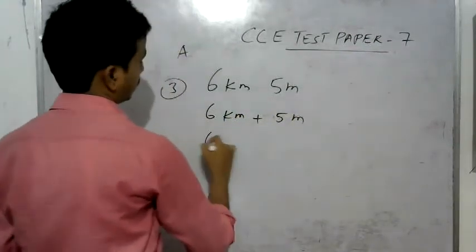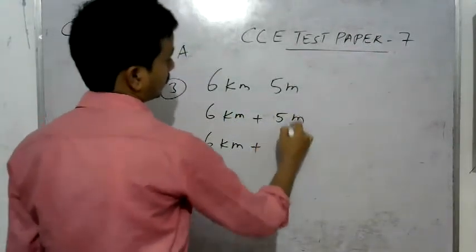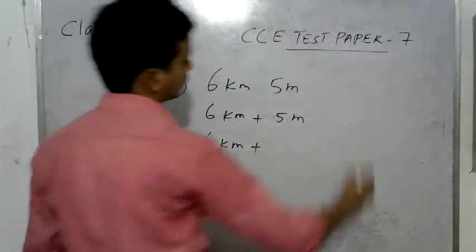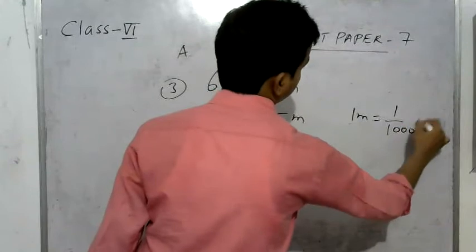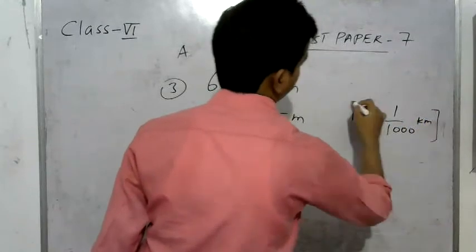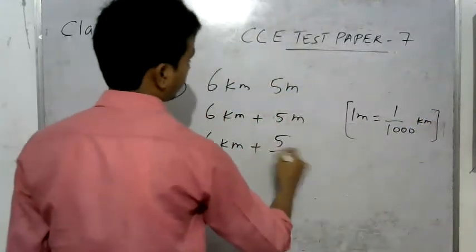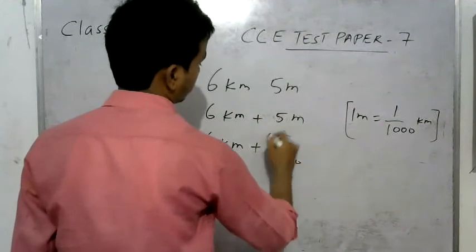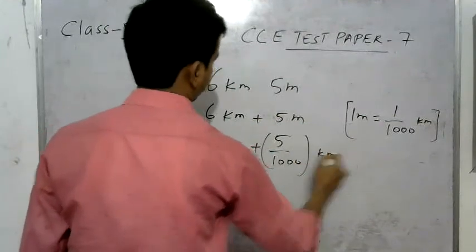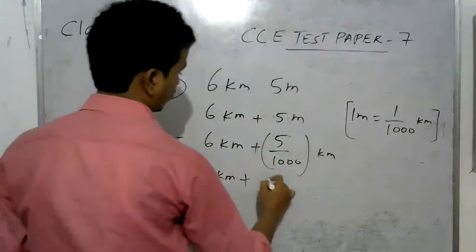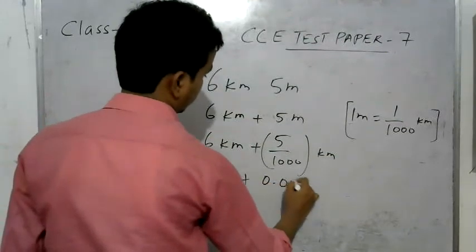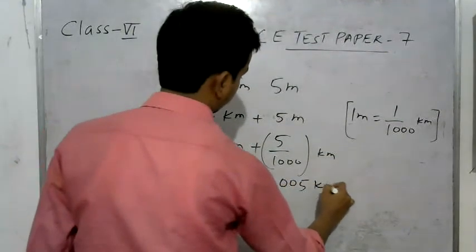How to convert meter into kilometer? 1 meter is equal to 1 by 1000 kilometer. We know that. So this will be equal to 5 by 1000 kilometer. Now 6 kilometer plus 0.005 kilometer.